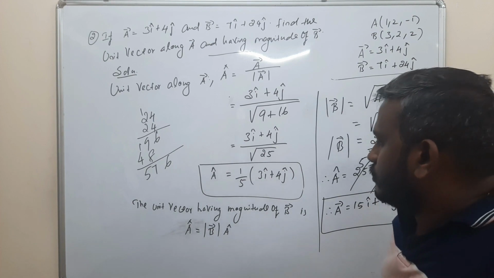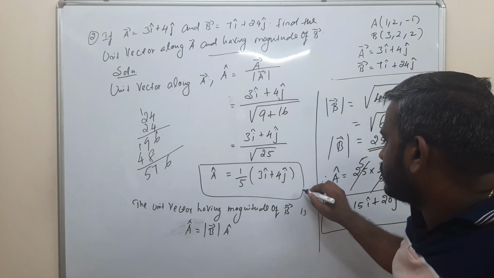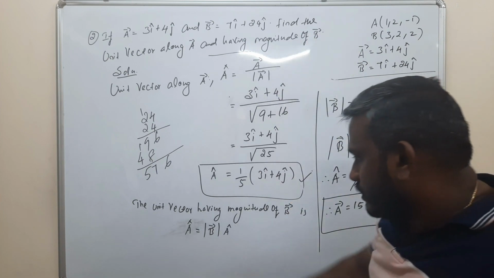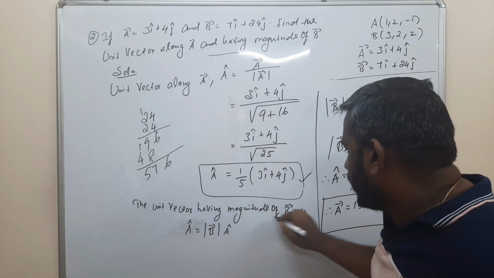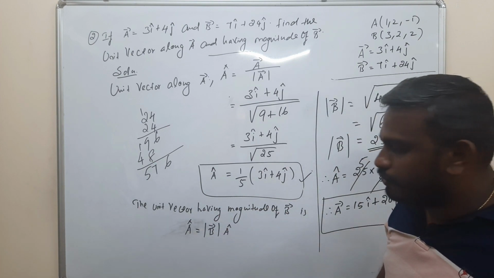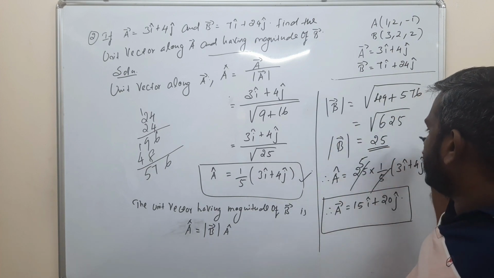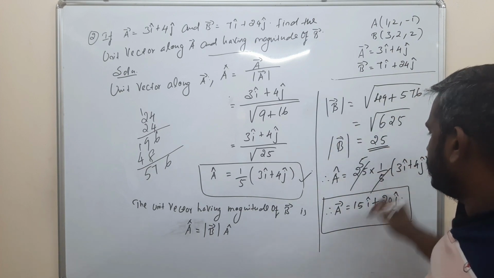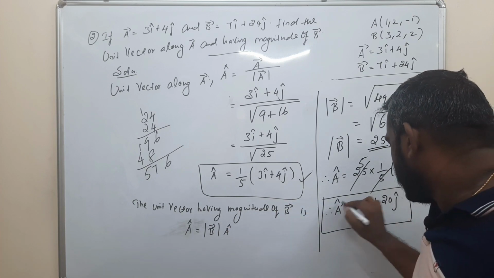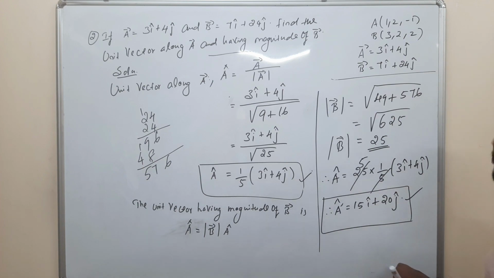So we have A cap is equal to 1 by 5 into 3I cap plus 4J cap. Next we have to find the vector having the magnitude of B vector. So mod B vector into A cap. Mod B vector we found is 25, then multiply with A cap. So this is the answer. Clear?